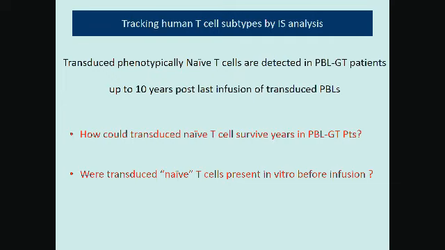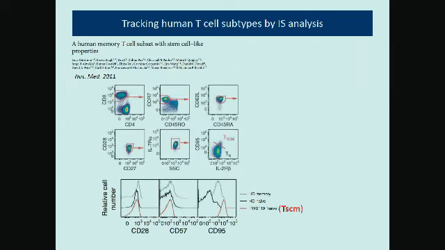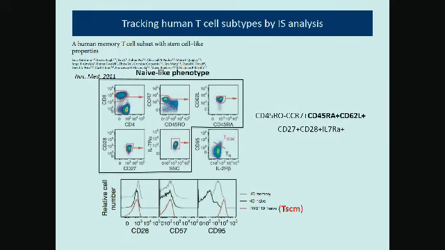We thought that there was some issue of purification of cells, or purity of the analysis, until this paper came out in 2011, which described a population that carries a naive-like phenotype, but also has some memory markers, in particular CD95.